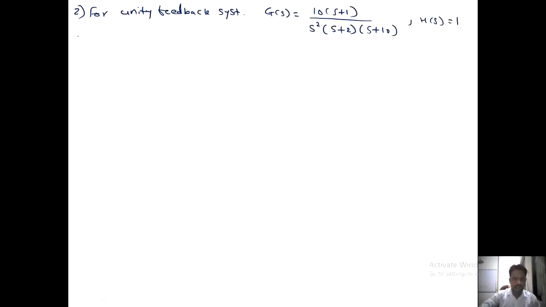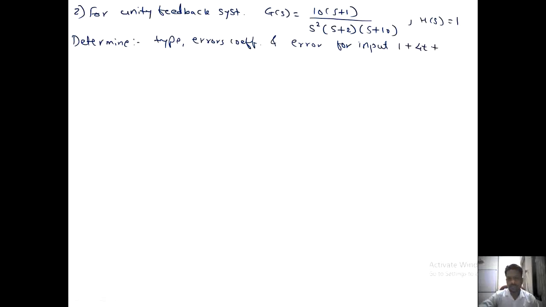And determine the type, then error coefficient and error for the input 1 plus 4t plus t square by 2.